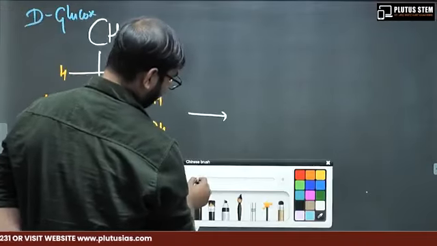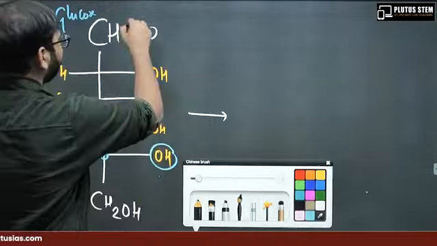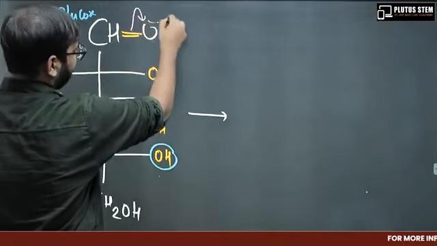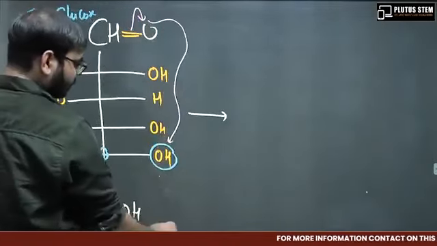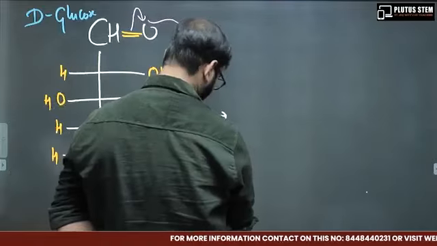Now, this carbonyl group by resonance pulls the electron density and attacks this particular hydrogen. So when it attacks, there are two different options.